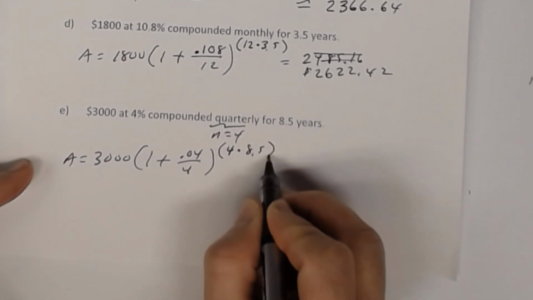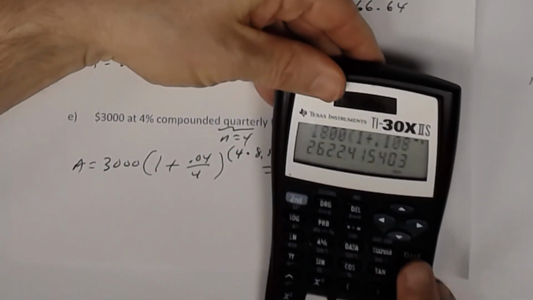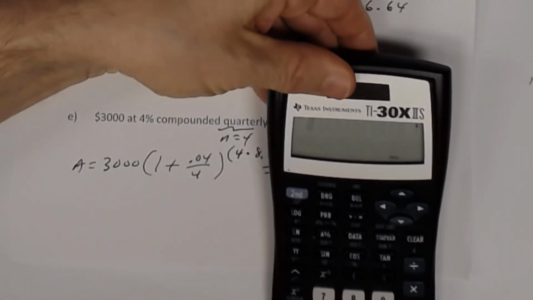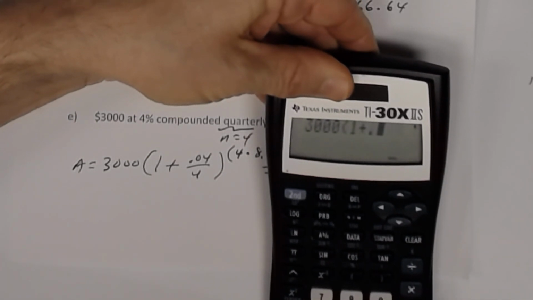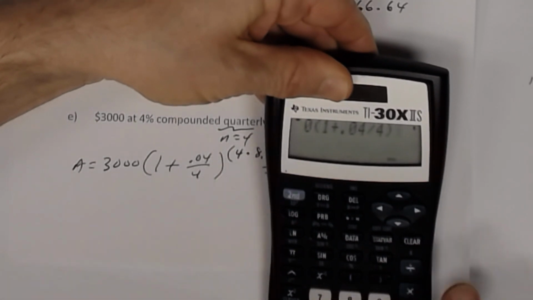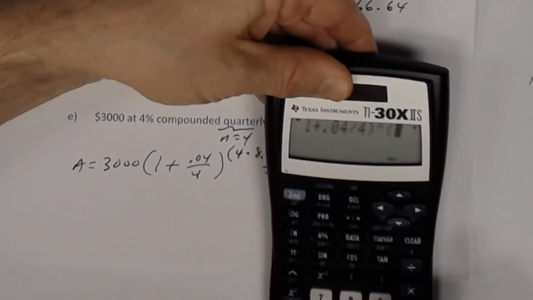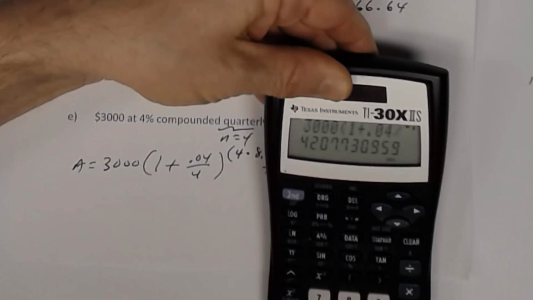All right, so let's use a calculator. We get 3,000, open parentheses, 1 plus 0.04 divided by 4, close the parentheses, raised to, open parentheses, 4 times 8.5, close the parentheses, and then press equal.